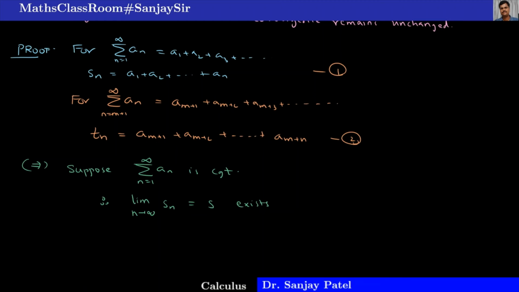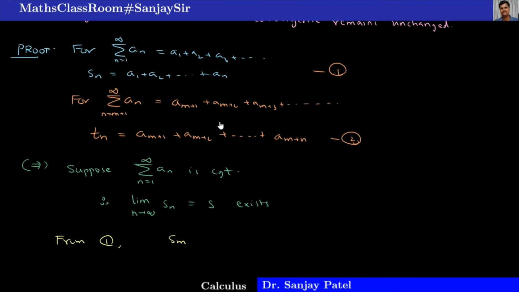Now, if you observe 1 and 2, from 1 we can write Sm will be a1 plus a2 plus a3 up to am.